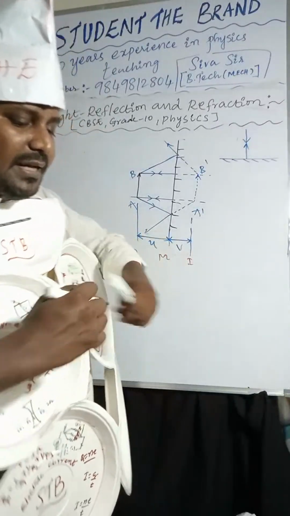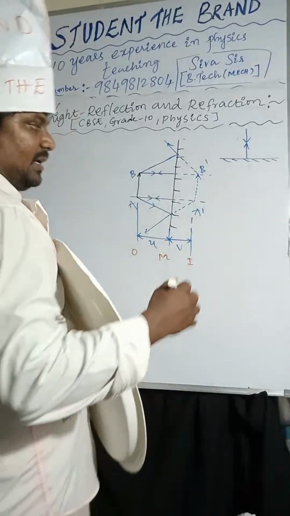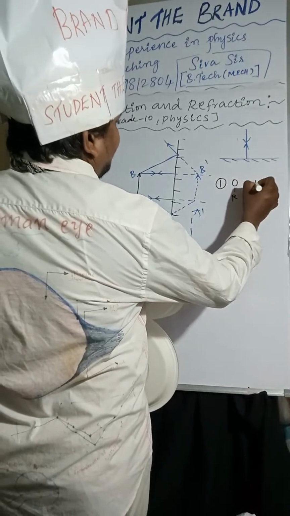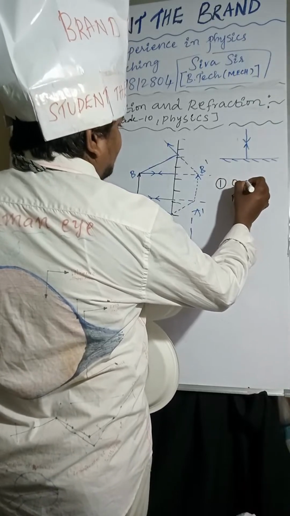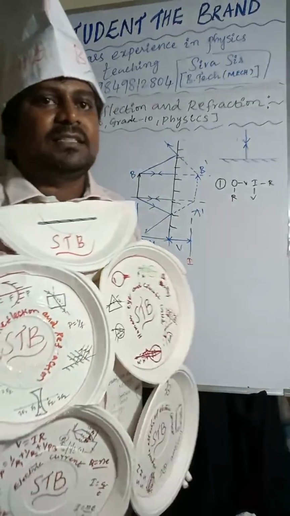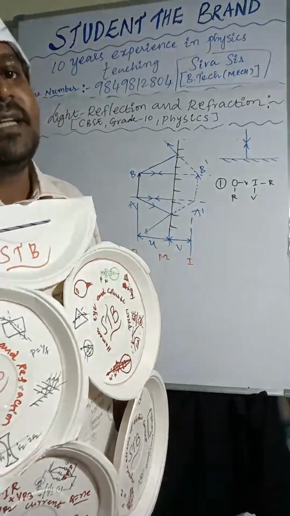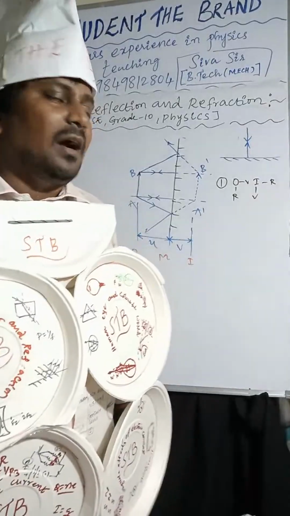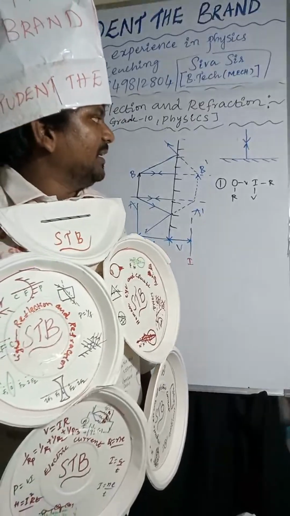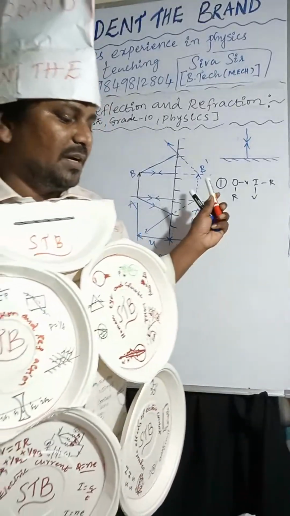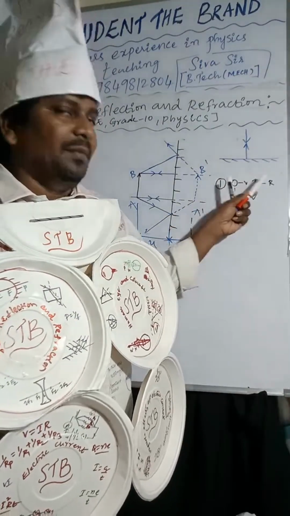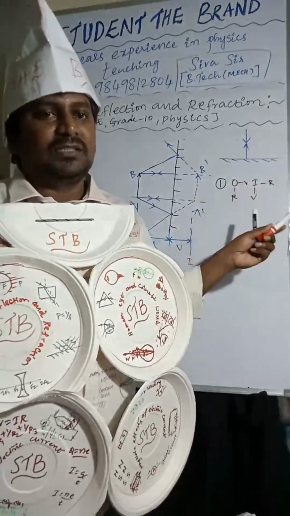The first point: if the object is real, the image is virtual; if the object is virtual, the image is real. Vice versa, we are considering.